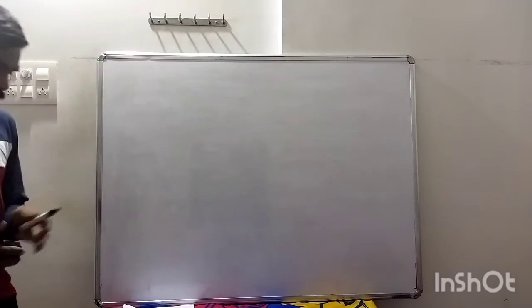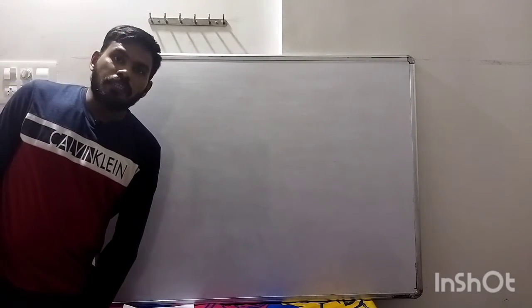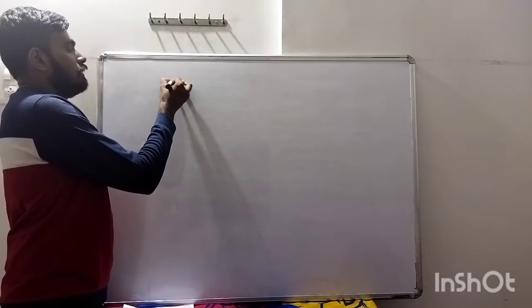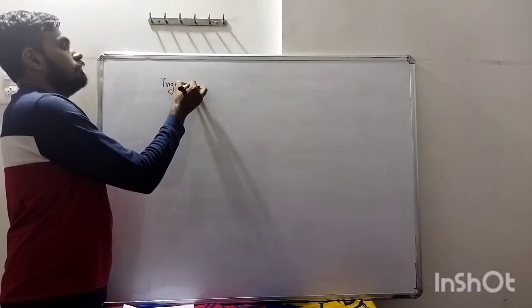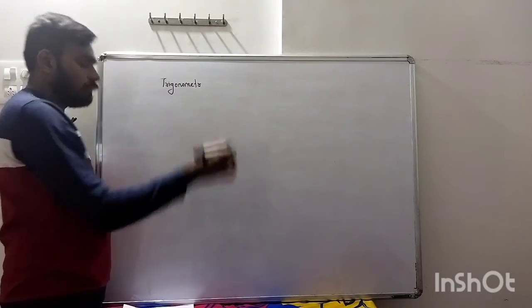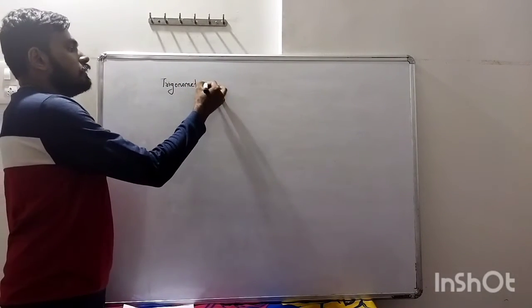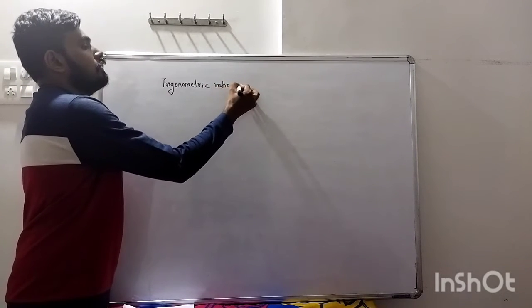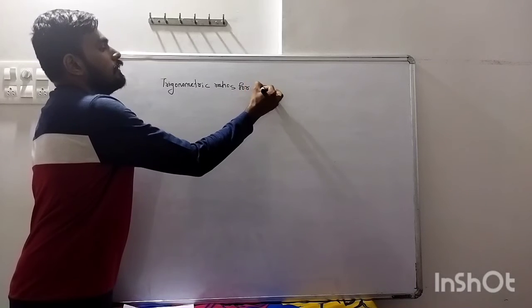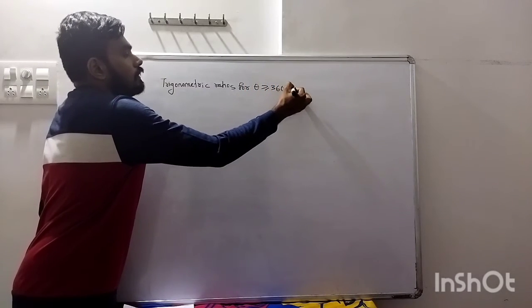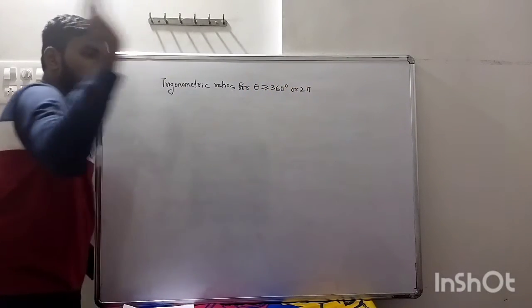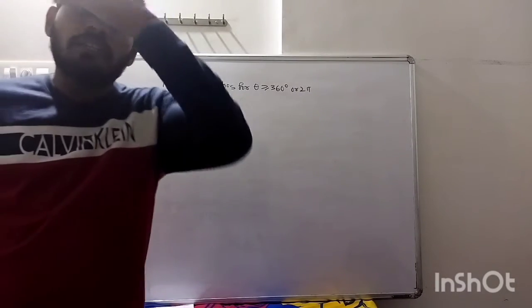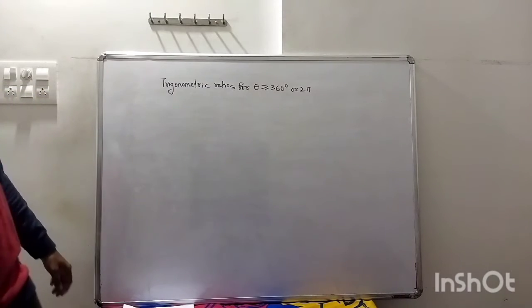Okay, next, trigonometric ratios for negative angles, this we have already done. Then trigonometric ratios for theta greater than or equal to 360 degrees or 2 pi. If an angle exceeds 360 degrees, for example, angles can be 720 degrees also, 750 degrees also, and how is it?